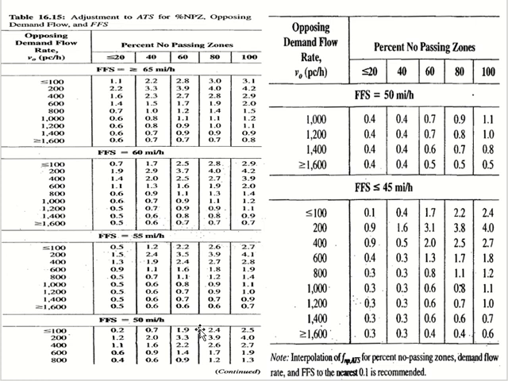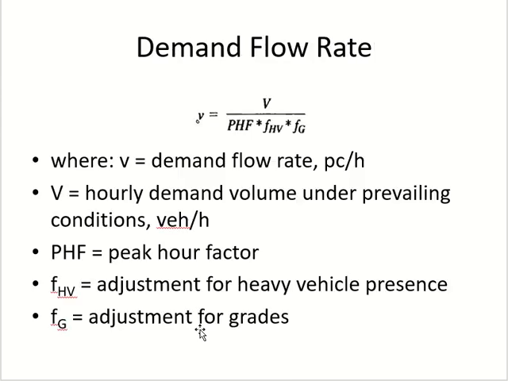One is FNP, the other one is what? Which factor changes for ATS and PTSF? Adjustment for grade. Yes, FG. So there are two factors which change according to what you want to calculate: FNP and FG. Clear? Okay.